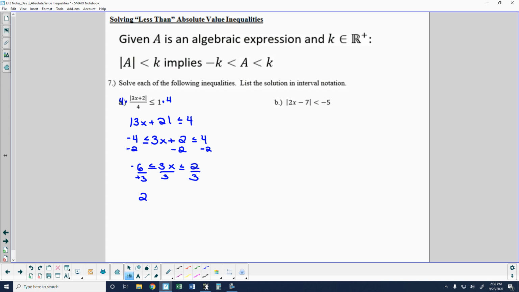I get negative 2 is less than or equal to x, which is less than or equal to 2/3. So this is my inequality representation of the solution.